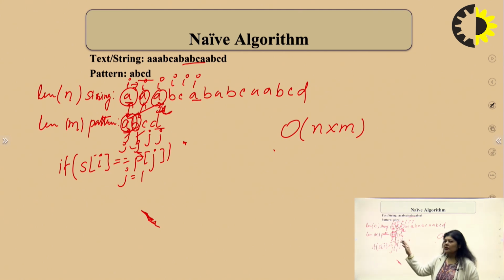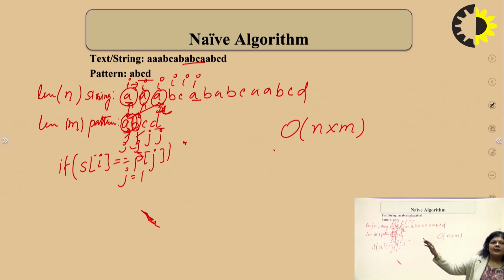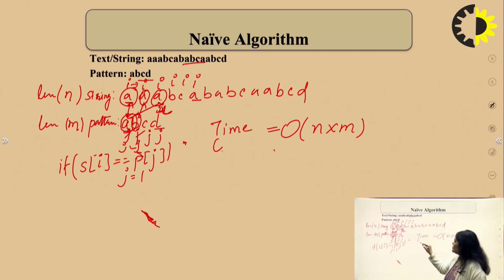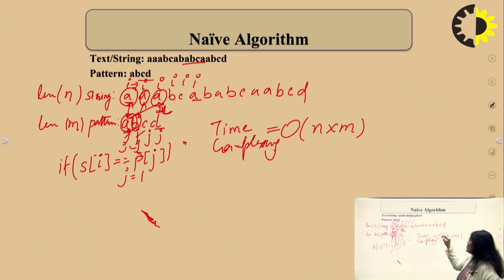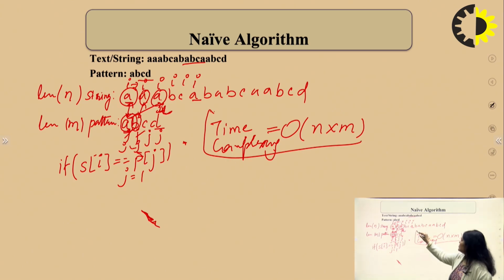How many mismatches could be possible? There could be, for example, m mismatches, and for every mismatch you are again scanning the whole string one by one. So that way the complexity of this algorithm comes to order of n cross m.